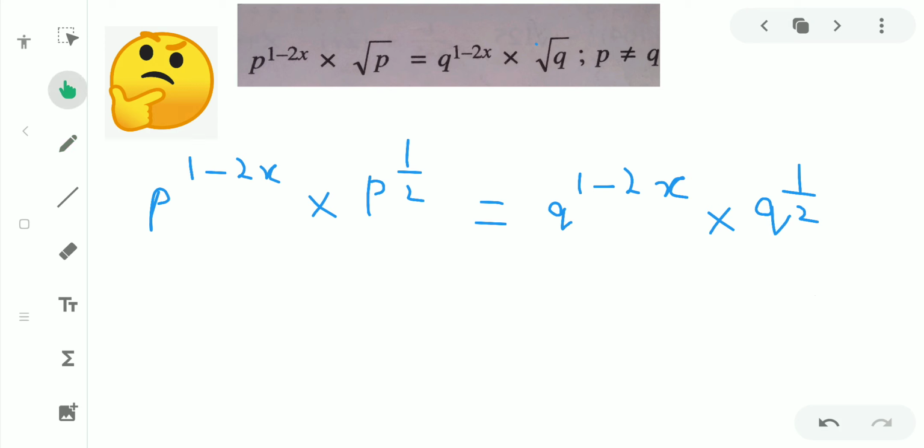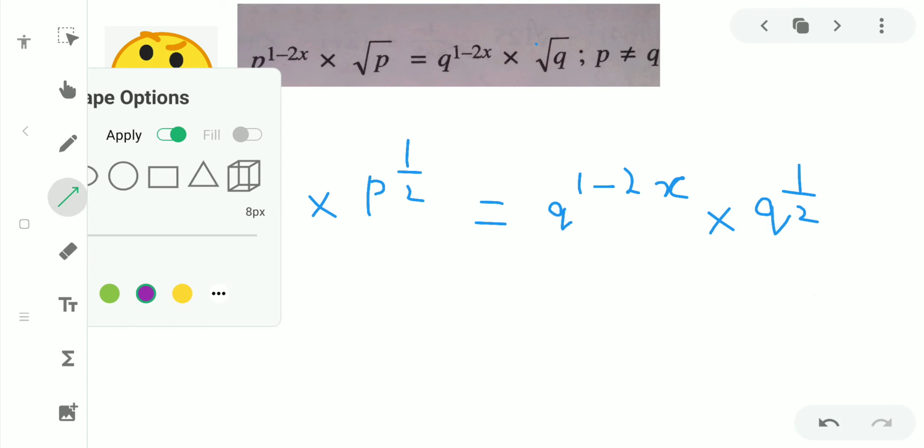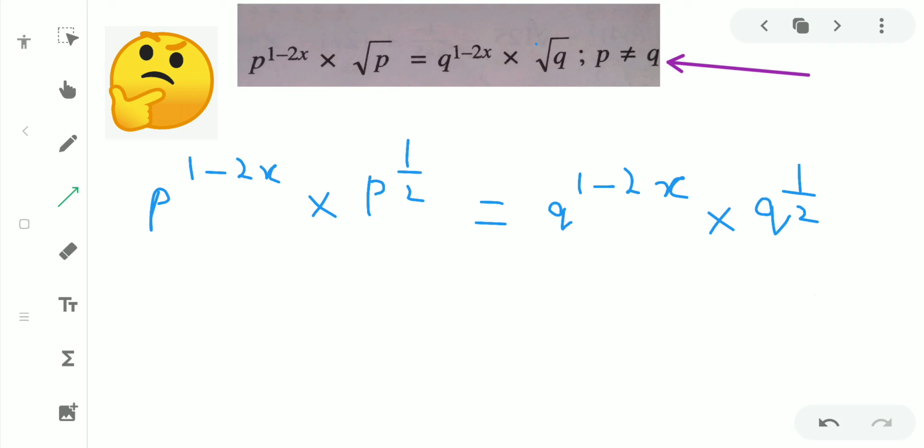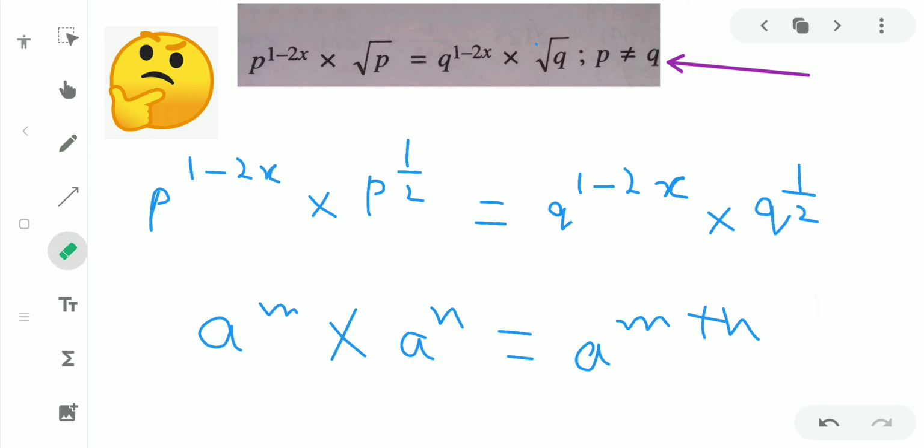So that is our equation, and we have a condition over here, that p is not equal to q at any cost. So now let us apply the formula a power m into a power n is equal to a power m plus n.